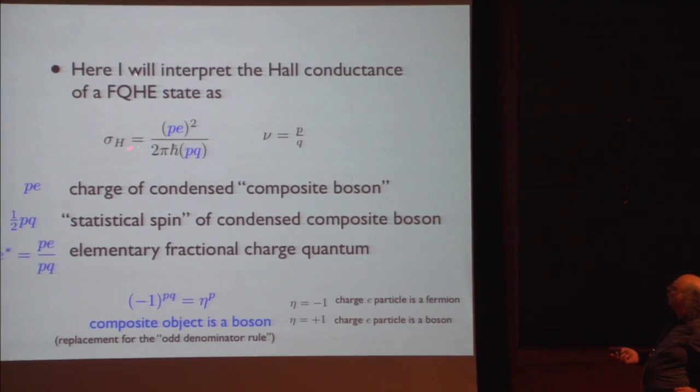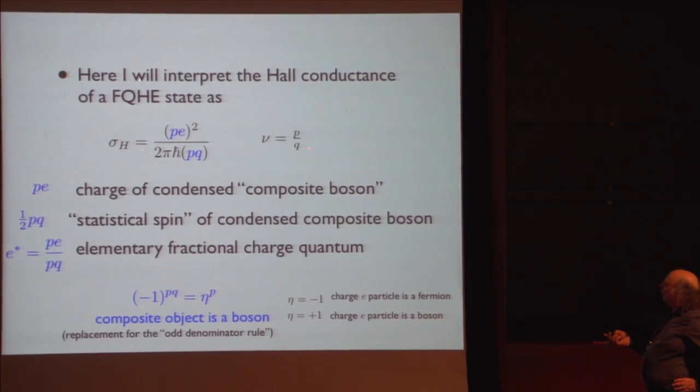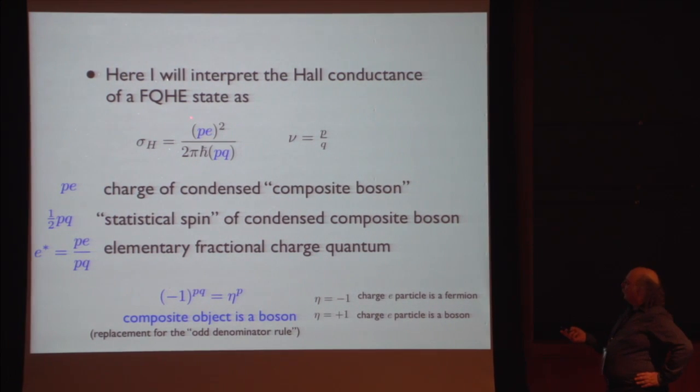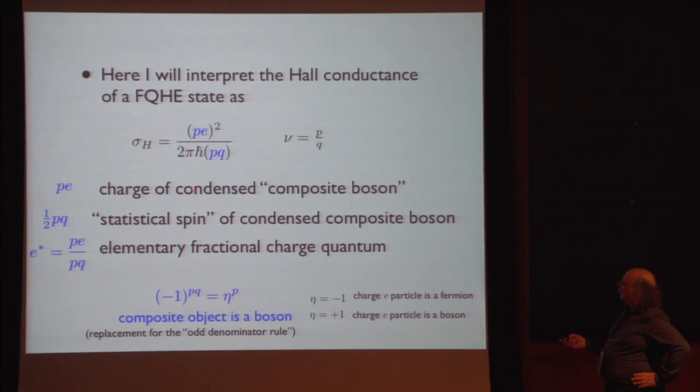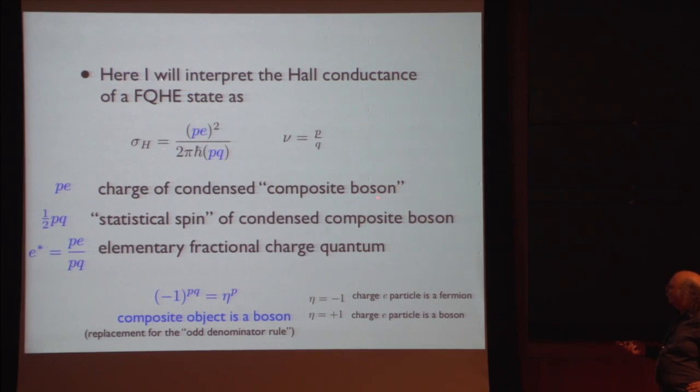And if you look at this a bit more closely, instead of just thinking of a filling factor, P electrons with Q fluxes, in a sense, the effective theory knows about the charge on the basic object that condenses, the composite boson, and the statistical spin of the composite boson. So you see these numbers P and Q in this rational number don't have to be the lowest common denominator. In fact, they can have a common factor of 2, up to 2.